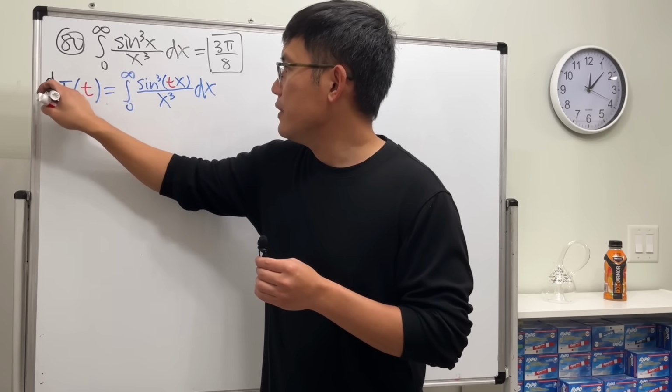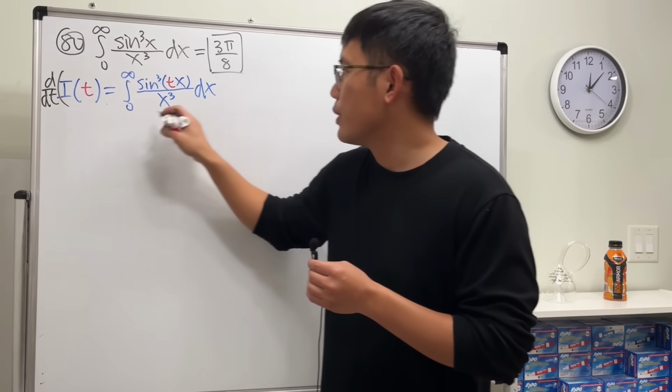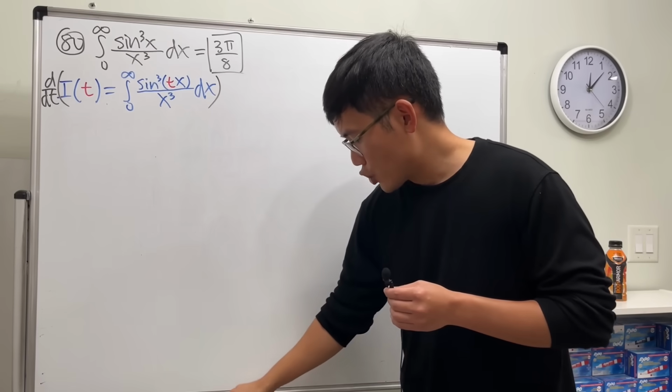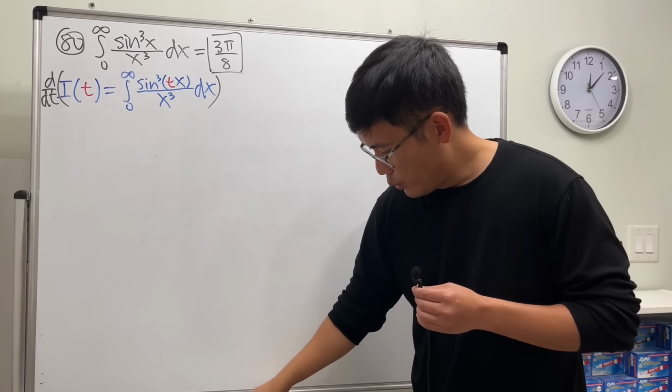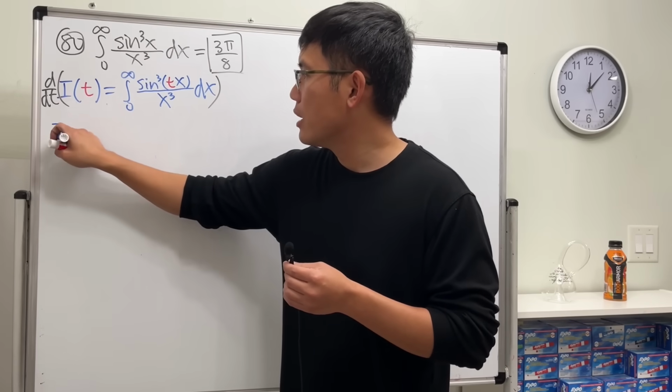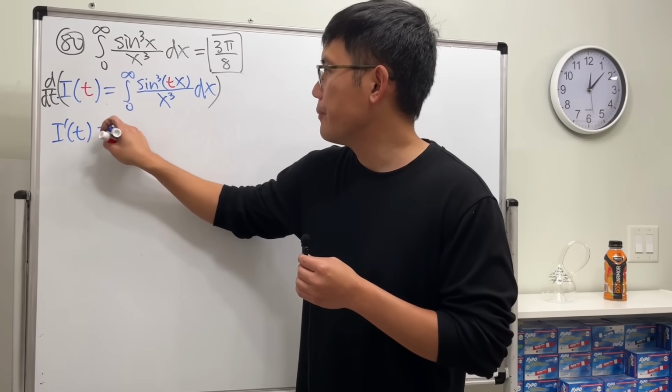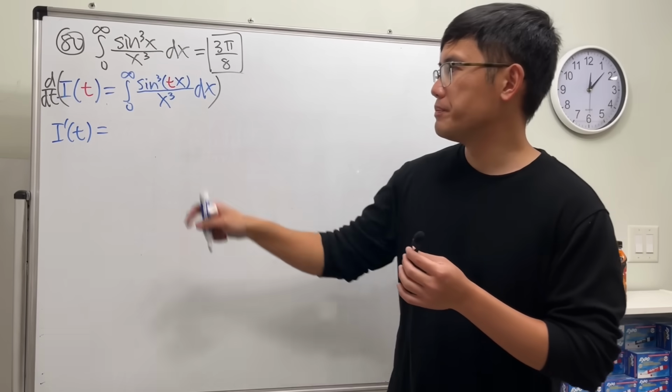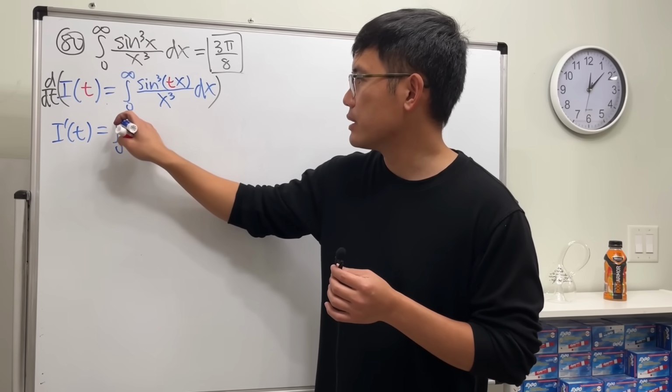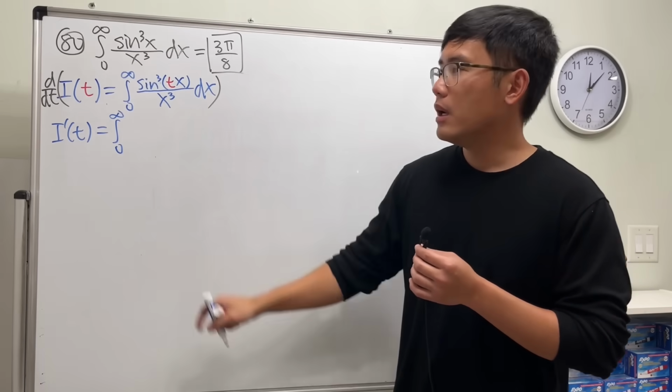Take the derivative with respect to t. So we will first get I prime of t. And for this right here, I will just do the derivative for you guys. We go from 0 to infinity.